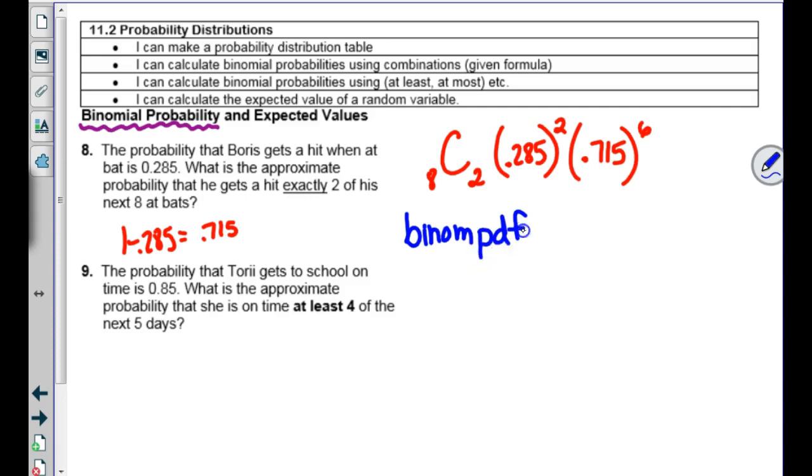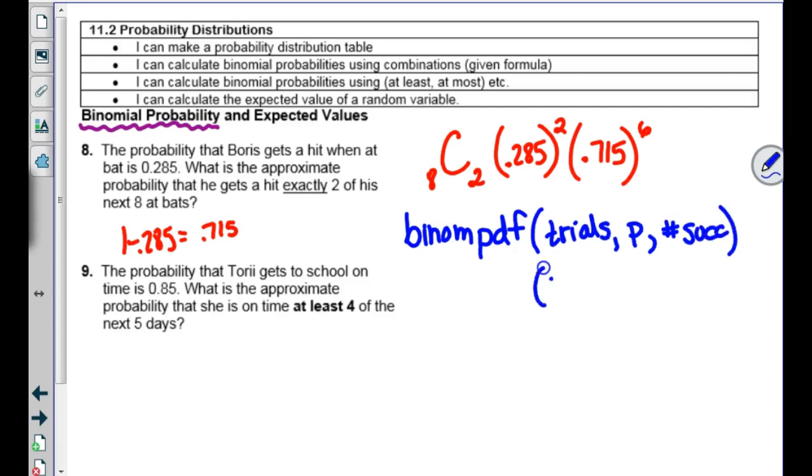We did CDF a couple times, but I wouldn't worry about CDF unless you're in stats. Then you might be more comfortable with it. But the prompts for binomial PDF are number of trials, probability of success, and number of successes.